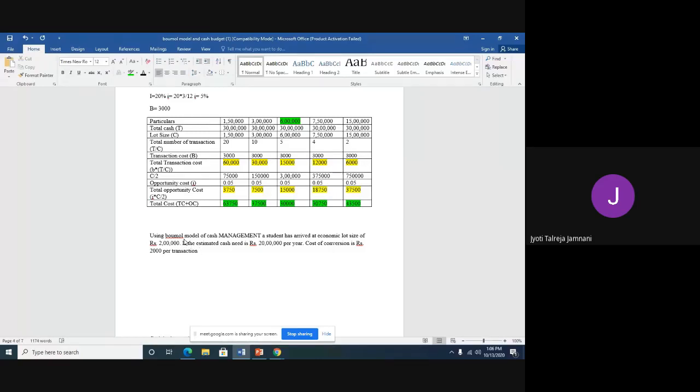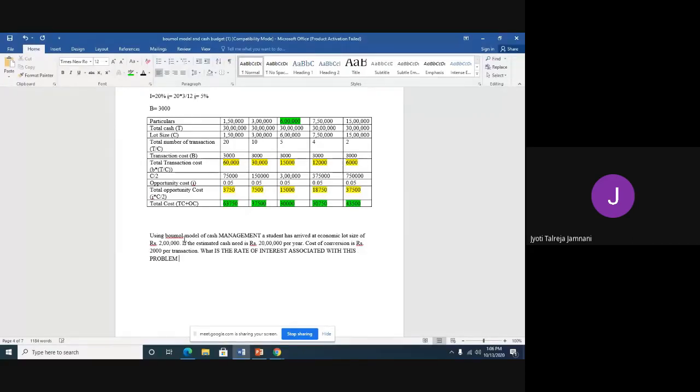What is the rate of interest associated with this problem?